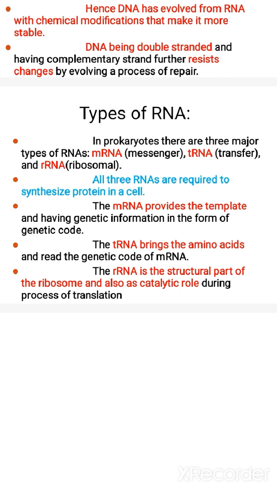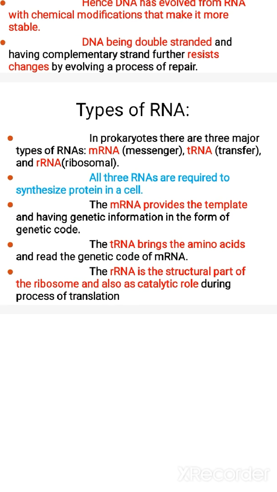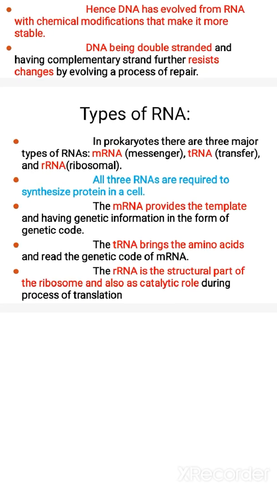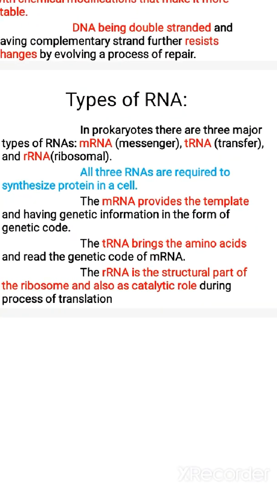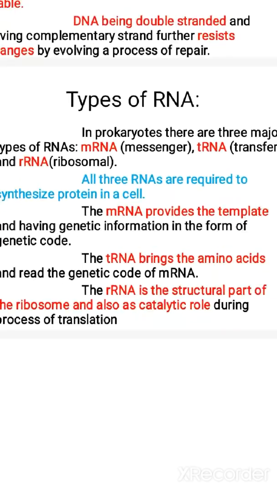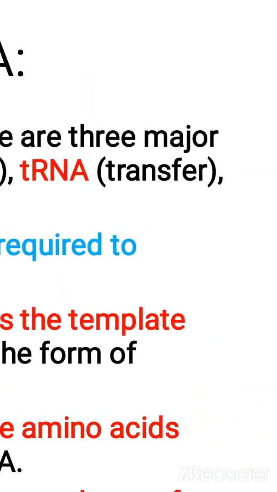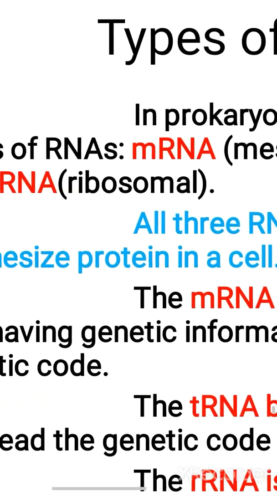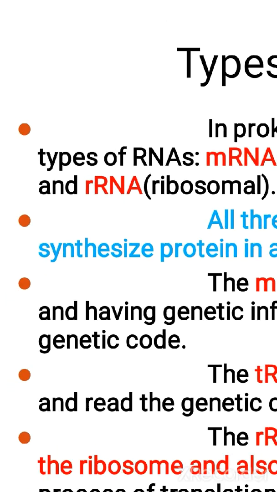RNA is single stranded. There are three major types of RNA: mRNA, tRNA and rRNA. mRNA is messenger RNA, tRNA is transfer RNA, and the other is ribosomal RNA, rRNA.